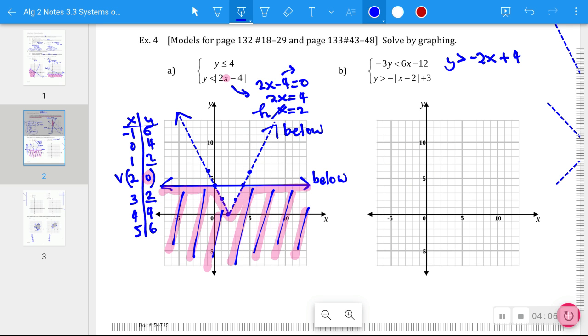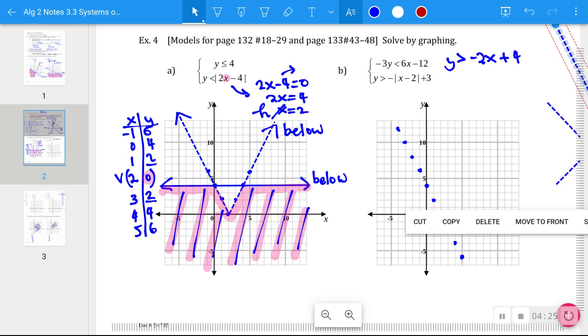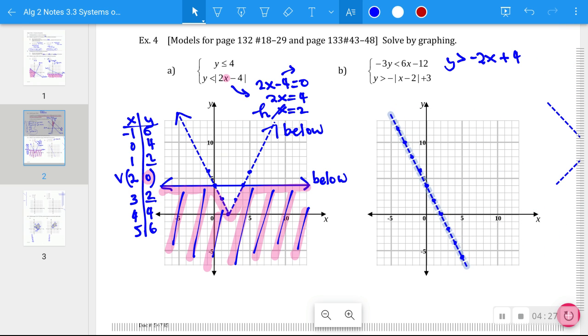So this one is a line that hits at 4 with a slope of 2 down and 1 over. And because it's just strictly greater than, we're going to have a dashed border here. So let me grab my border. See if that's the right one. Hey, that worked out. And it says greater than, so we want to be above that border.